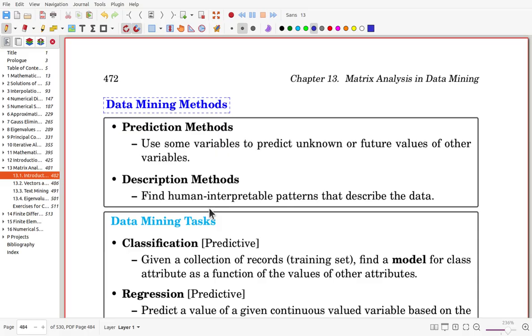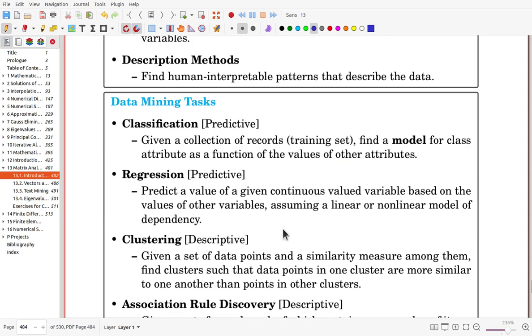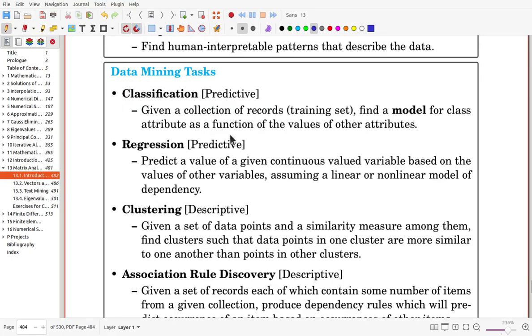And there are data mining tasks: classification, as in machine learning, regression, and clustering. These are predictive, these are descriptive.